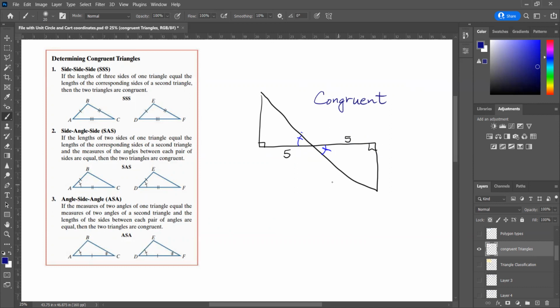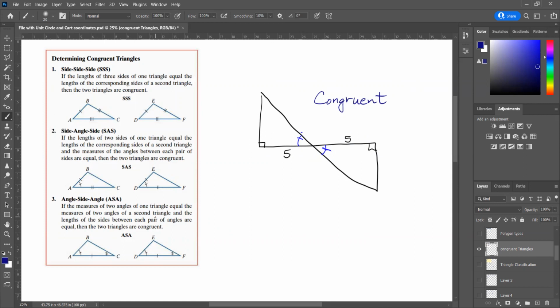Congruent means they have the same measures. They also would be equal if we had two sides and an angle between them that is also the same. Or if all three sides have the same measure, side, side, side, then we have congruent triangles. And you'll be asked, are these two congruent?